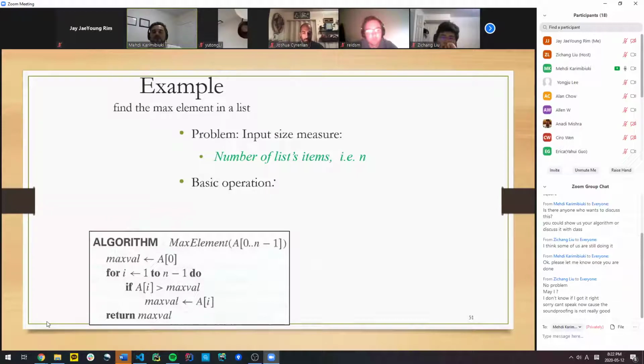So we always look into the for loops. If you have two nested for loops, we look at the inner one, right? So in this case, the comparison that comes after the for loop is the basic operation, right?